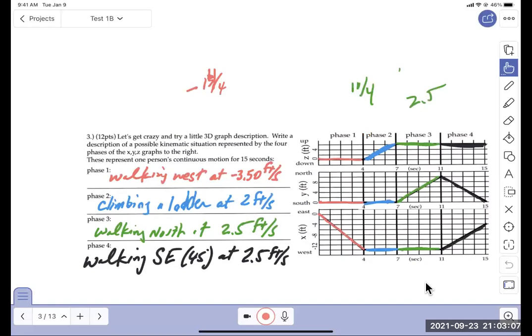I'm not going to spend much time on this, but if this happens to make it on the test, and I haven't written the test yet, you can't just say, okay, he's walking east. To get the full points on each phase, you have to say at what speed they're walking. Or like in phase 2, you're climbing a ladder, you know, you're going up. You're not climbing steps because you're not going to the left or the right. You're just going up.